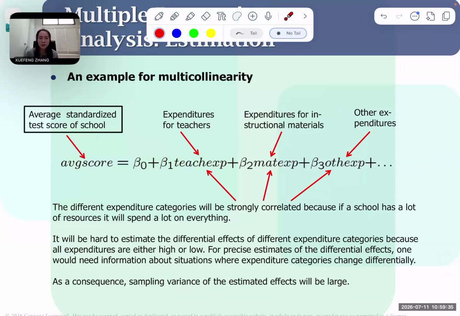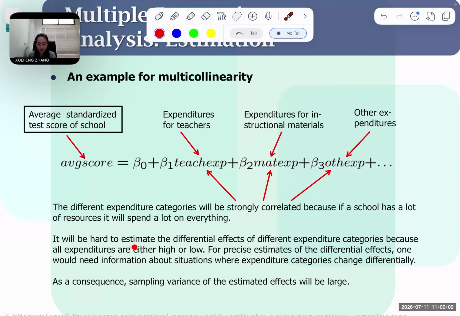Let's see a real example of multicollinearity. Here we have our y, the average standardized test score of a school. Here x1 is expenditures for teachers, x2 is expenditures for instructional materials, and x3 is other expenditures. The different expenditure categories will be strongly correlated, because if a school has a lot of resources, it will spend a lot on everything.